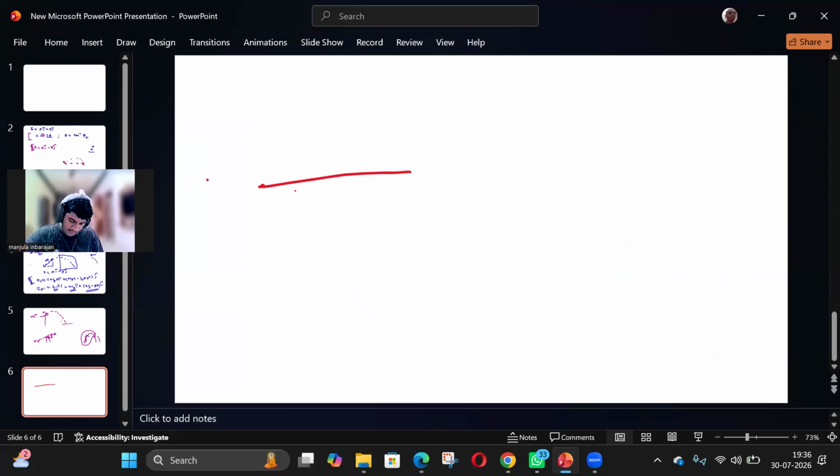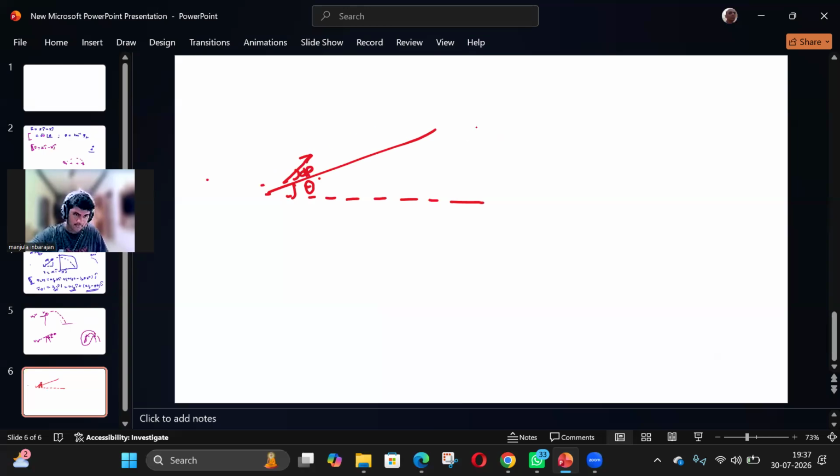I'm not drawing it properly. This is the inclined plane at an angle, say theta, and u is thrown from this point at an angle, say phi, with the surface.